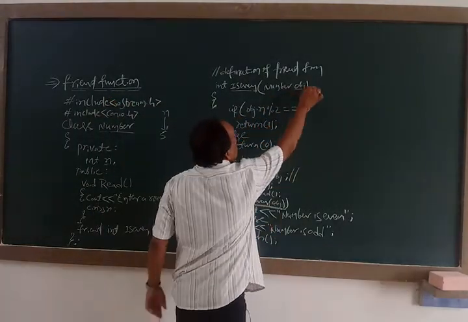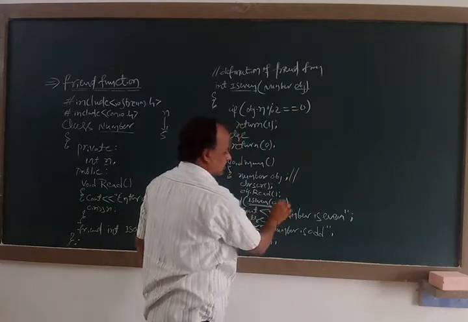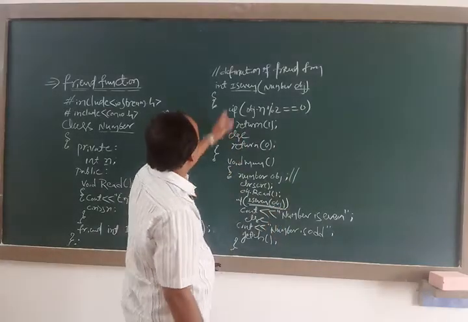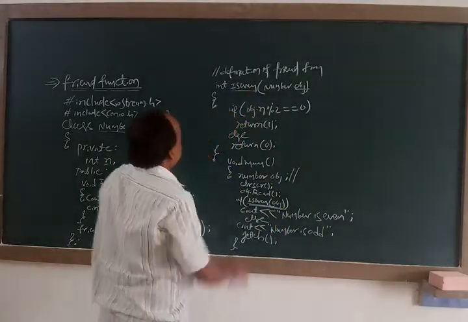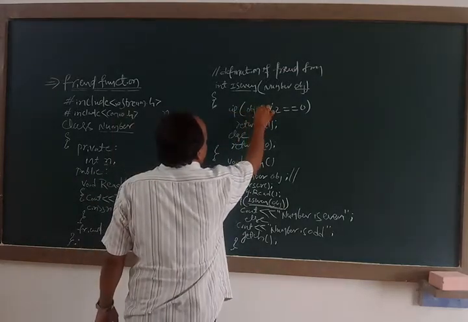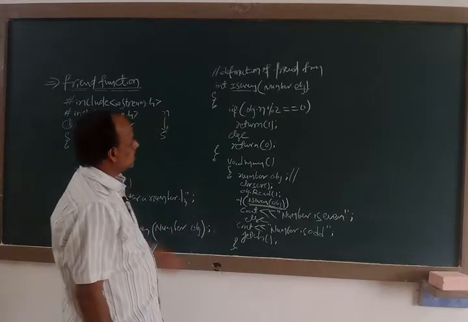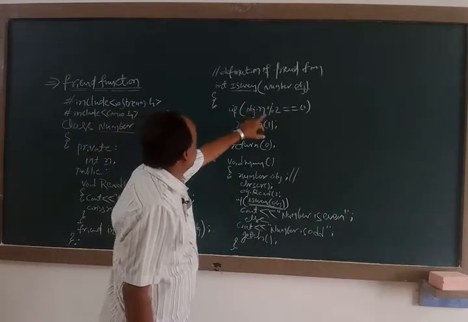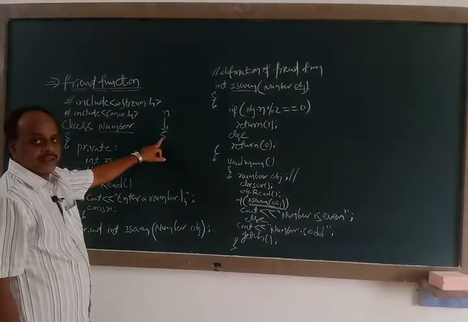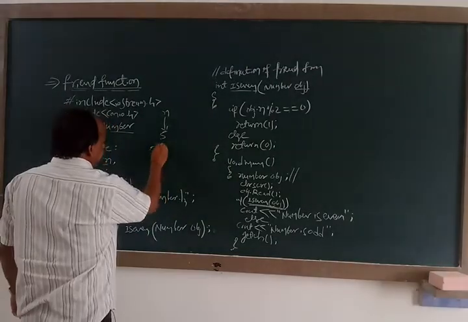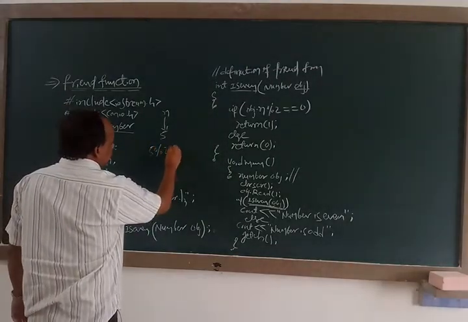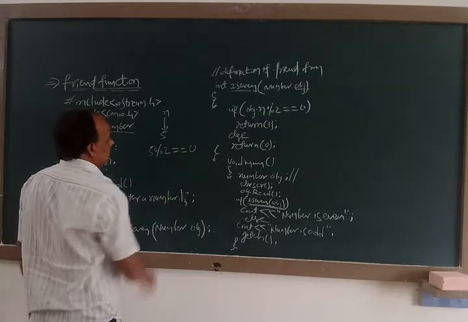So this object and this object must be the same. Next, inside the if, obj.n mod 2 is equal to 0. obj.n means the n value is 5.